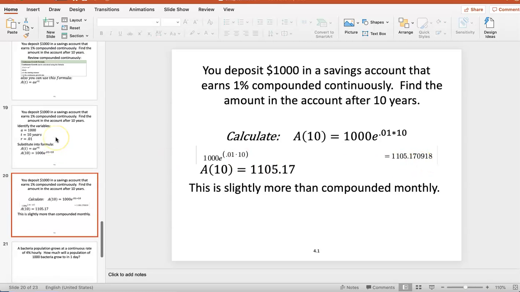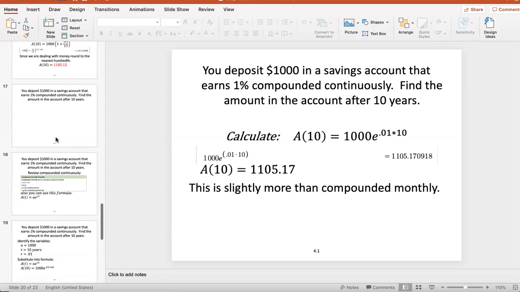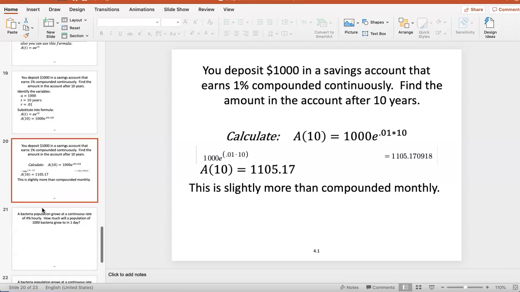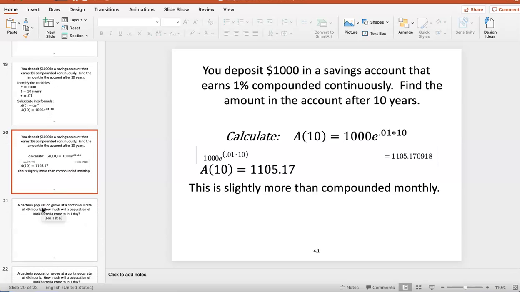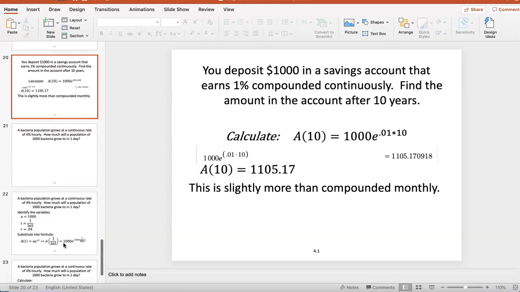Slightly more than when it was compounded monthly. Compounded monthly was $1,105.12. We made 5 cents more by having it compounded continuously. So that's a terribly low interest rate period there, and $1,000 is not that much money to put in the bank. It's better than nothing though.